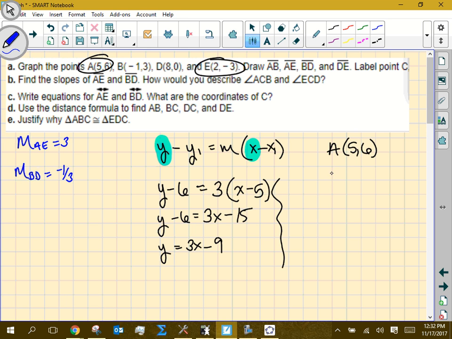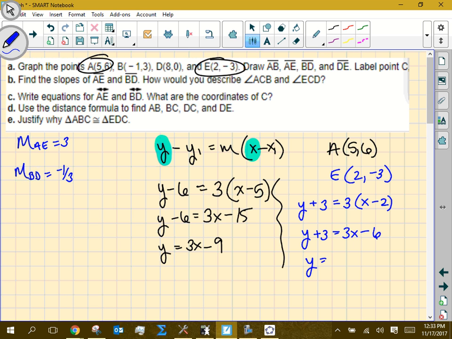Now I want to prove to you that it doesn't matter what point you have chosen. If I chose E, E is on AE, so I go 2, negative 3. And I'll go y minus y1, so now y minus negative 3 becomes y plus 3. Slope is still 3, but now it's x minus x1, and x1 is 2. So we get y plus 3 equals, now distribute, 3x minus 6.